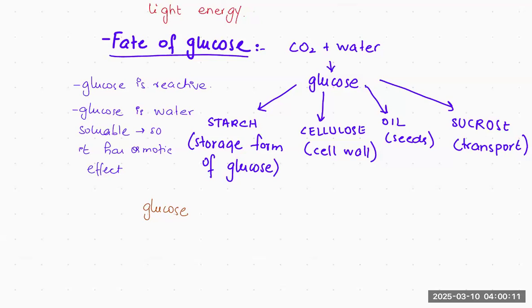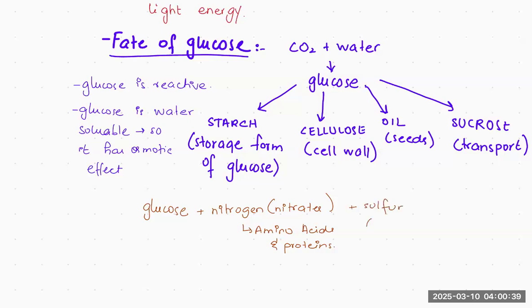It needs nitrogen to make amino acids and proteins. Then it also needs some sulfur. Sulfur is also needed for the formation of proteins.